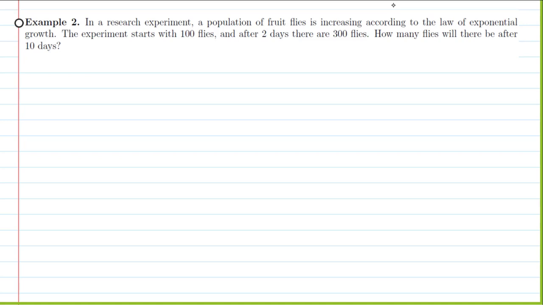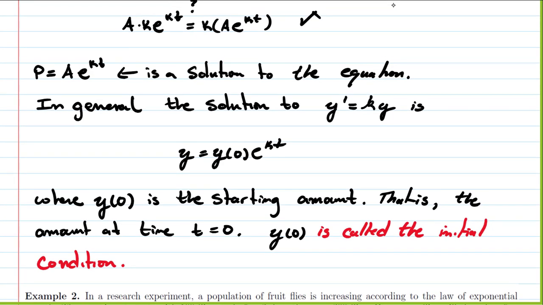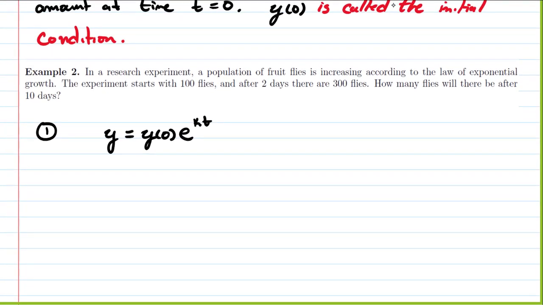Okay, so we are going to start with our solution to our differential equation, which is y equals y of 0 times e to the kt. So going back, what was y of 0 again? Y of 0 is the starting amount.